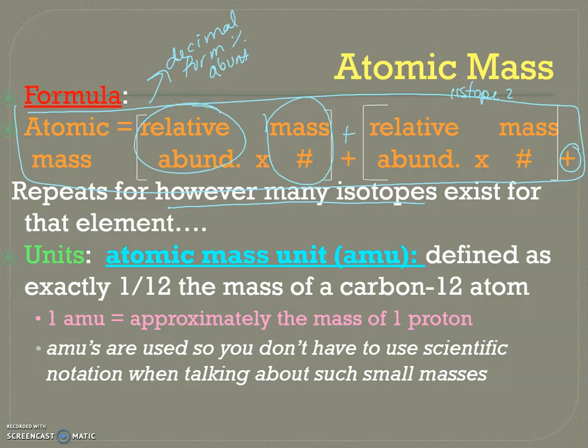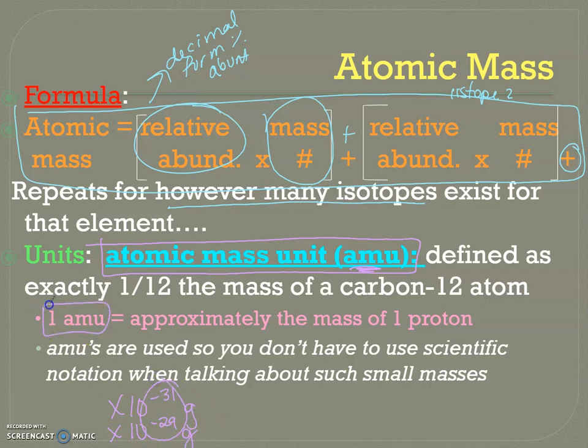Another thing that we're going to do is formally define the atomic mass unit, or AMU. An AMU is a made-up unit by nuclear chemists who were really sick and tired of working with 10 to the negative 31st grams and 10 to the negative 29th grams and all these ridiculously small numbers. So they said, why don't we define the atomic mass unit as 1/12 the mass of a carbon-12 atom?